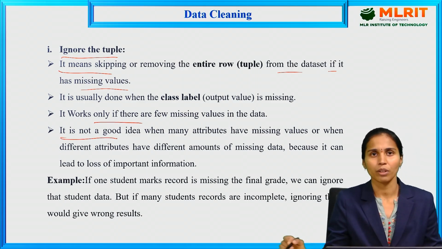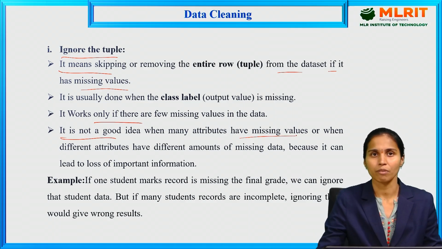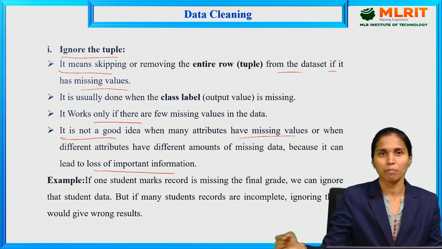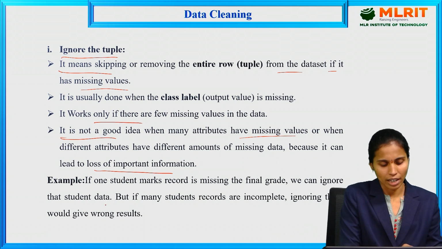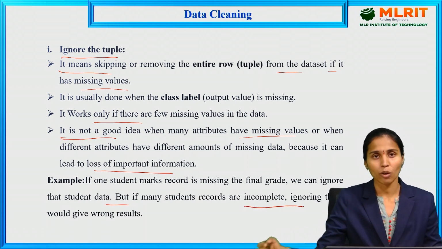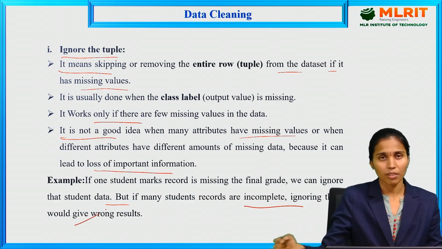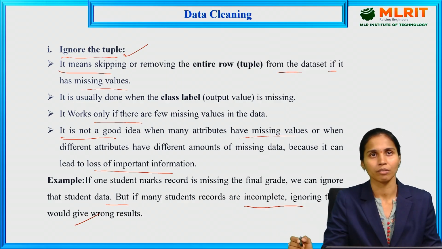It is not a good idea when many attributes have missing values or when different attributes have different amounts of missing data, because it can lead to the loss of important information. For example, if one student's marks record is missing for the final grade, we can ignore that student's data. But if many students' records are incomplete, ignoring them would give wrong results. This is about ignoring the tuple.